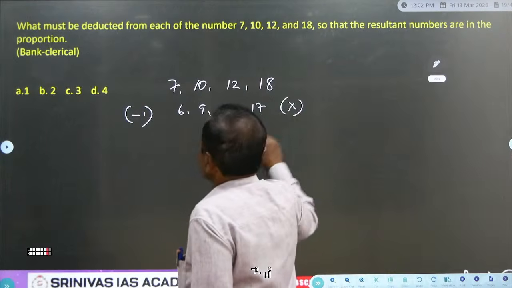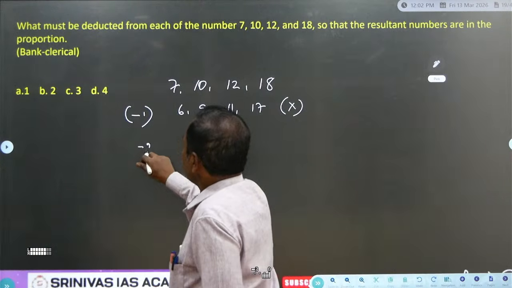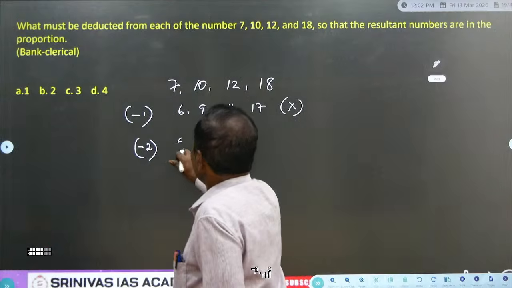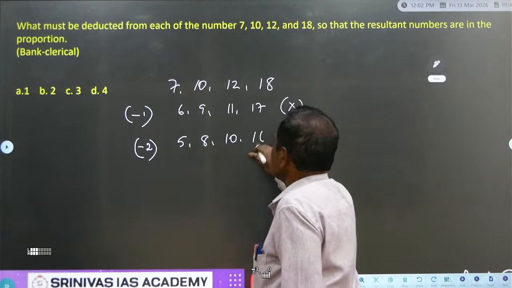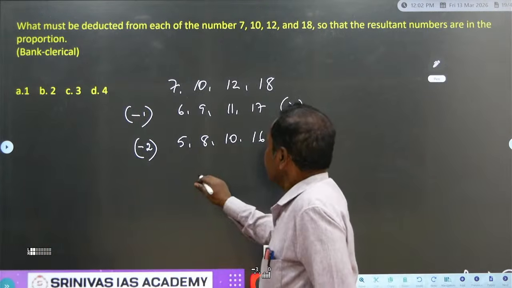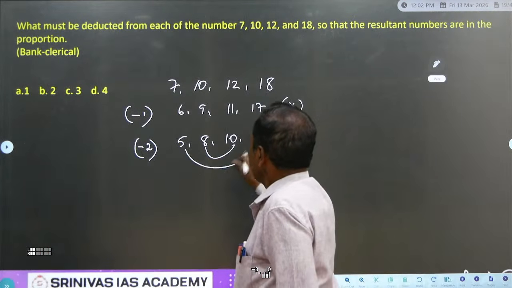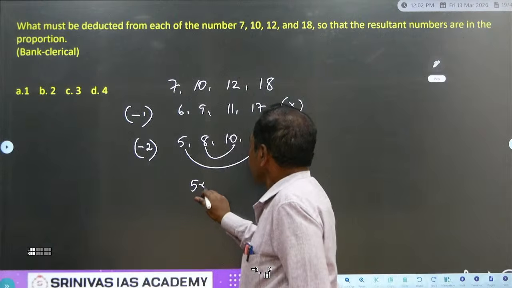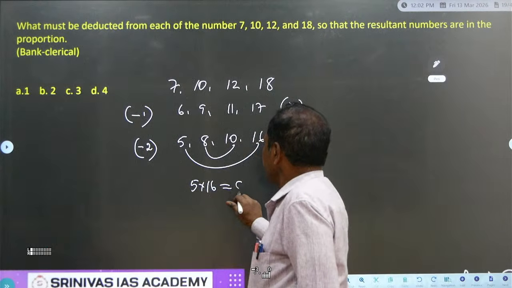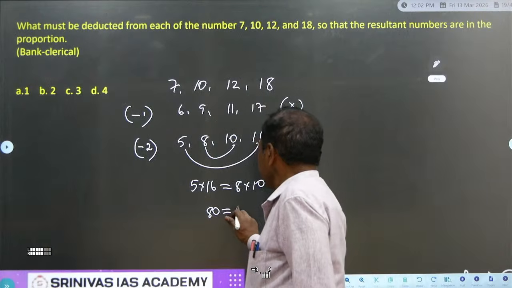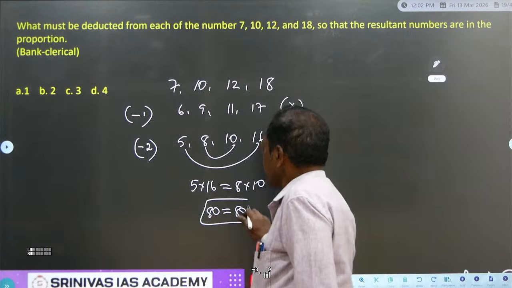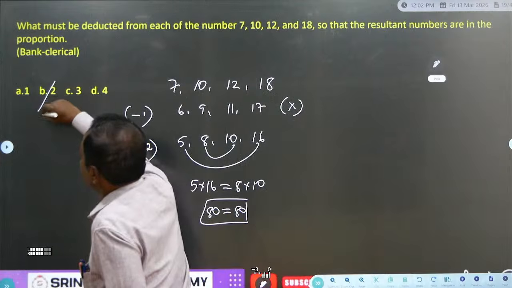This is not correct. If you take minus 2, what happens? 5, 8, 10, 16. Yes, this is right, 5 into 16 equals 8 into 10. It means 80 equals 80. So option B, right.